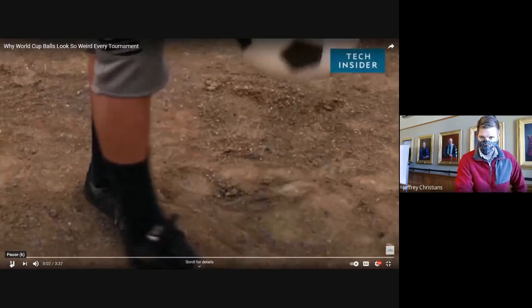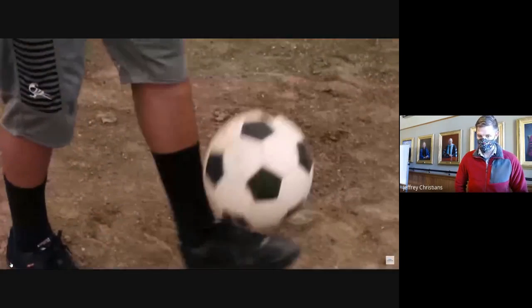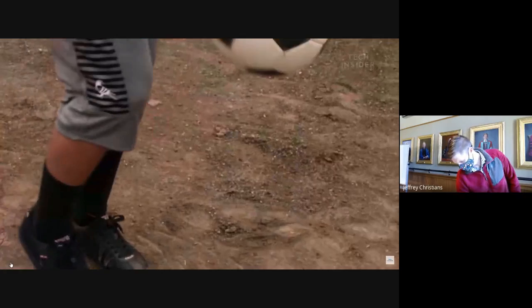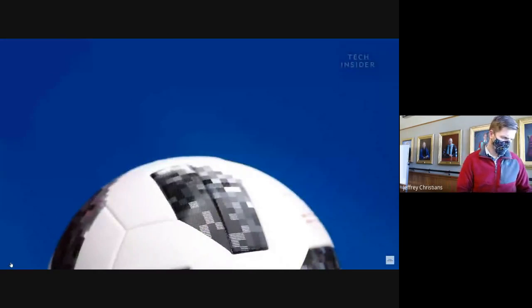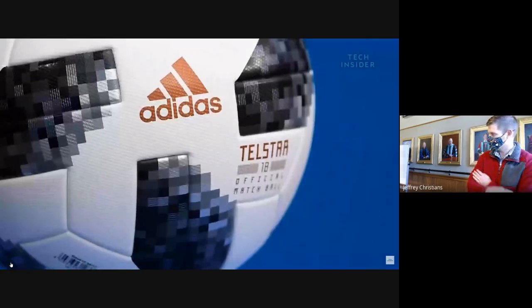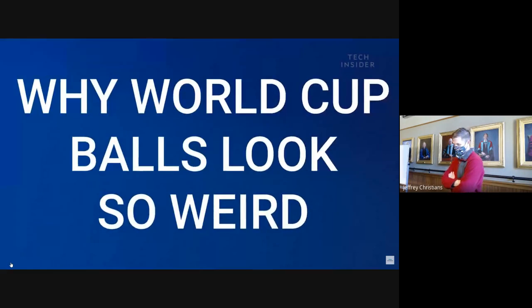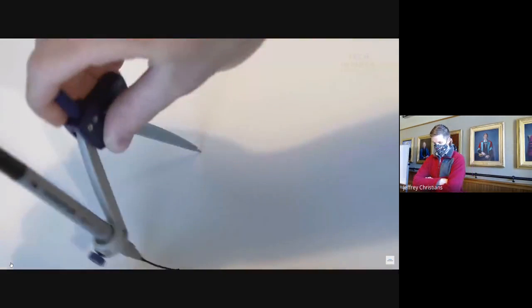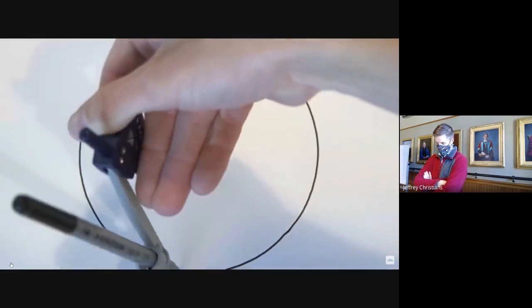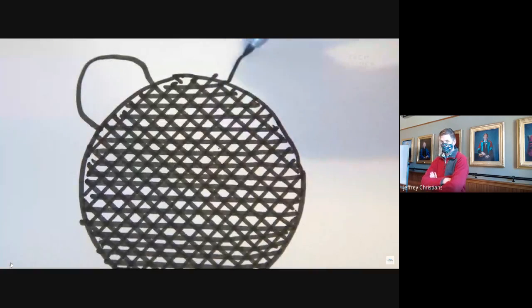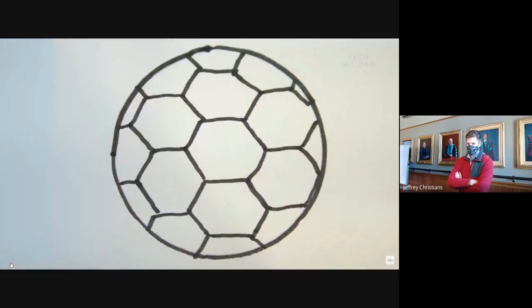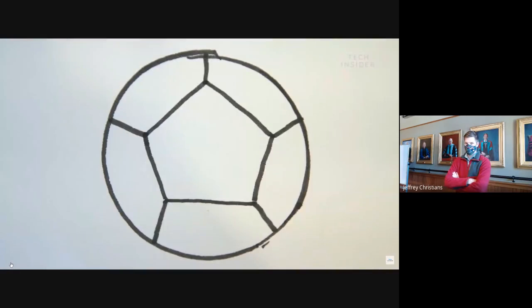That's what a typical soccer ball looks like, right? It's as simple as black and white. But that's not exactly what World Cup balls have always looked like. So what's the deal? First things first, you want a soccer ball to be as spherical as possible. In the old days, we had balls with the buckyball shape, 20 hexagons and 12 pentagons, and that was a very good approximation to a sphere.